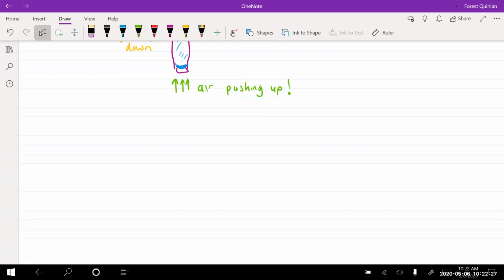So now we know what pressure is. We already knew what volume was, and we knew what temperature was. Now, what I want to do is talk about what behaviors, before we get into the other parts of the gas law, what behaviors does an ideal gas exhibit?